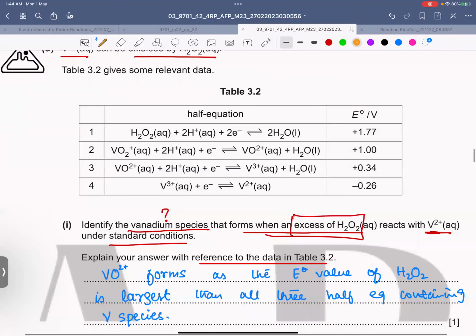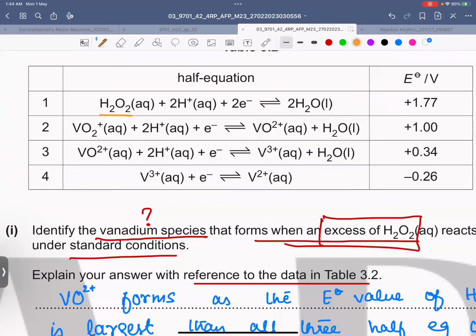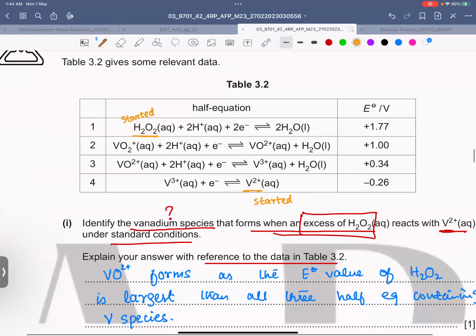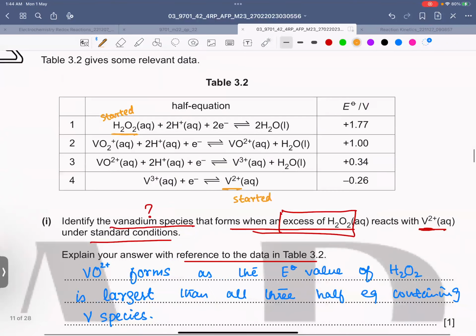Okay. See, according to the question, we have started from this species and this species, right? Is this clear to you, Soleha, as well? And this one is in excess.